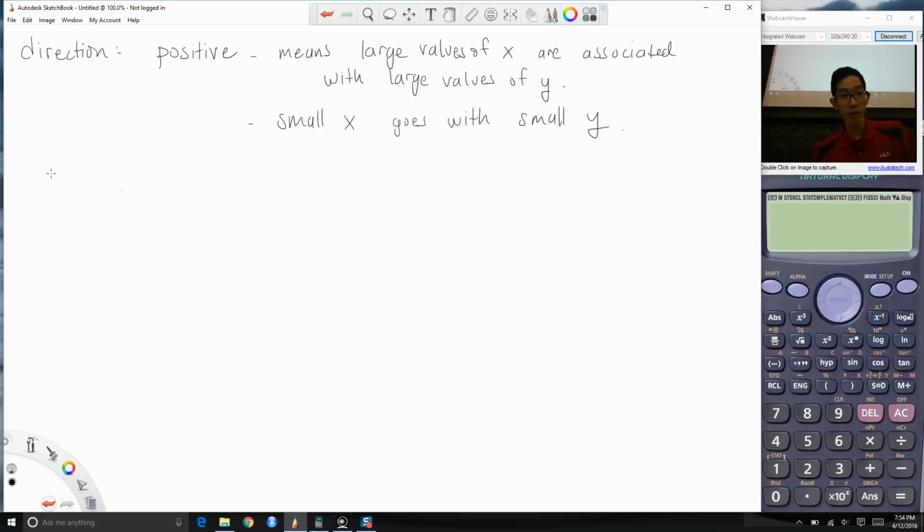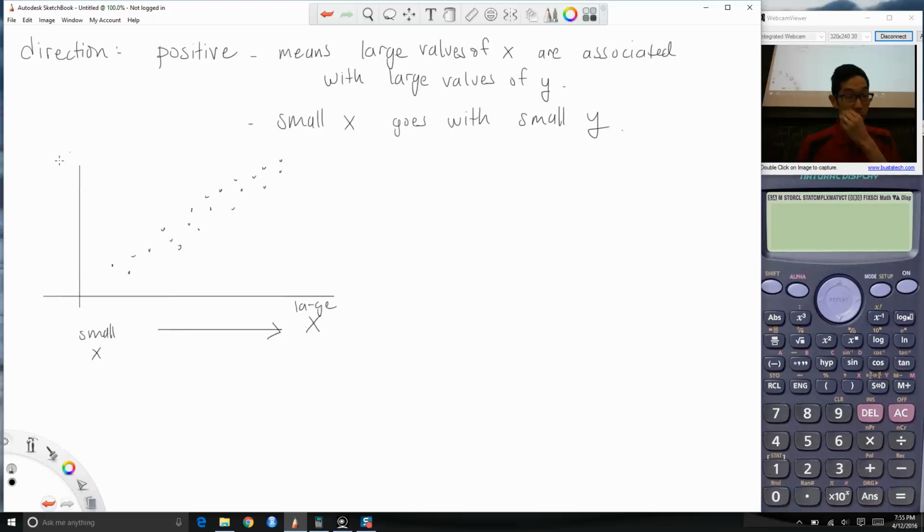All right, and so your data will look like this. So you have x, and again, you have small x over on this side, and you have large x on this side, because values increase as you move to the right.